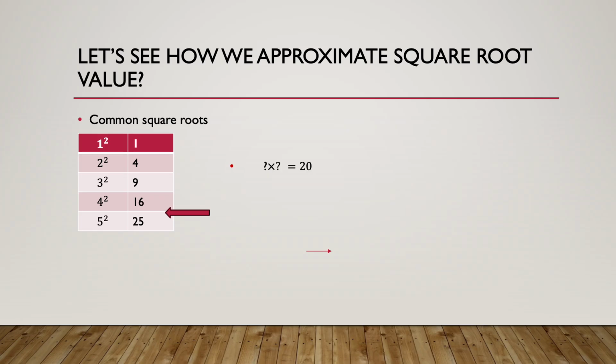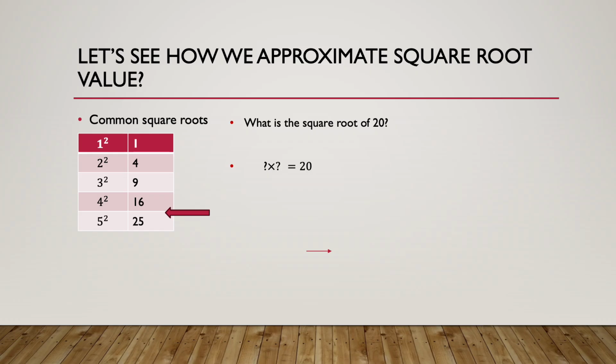You can see here 1 squared means 1 multiplied by 1 equals 1. 2 multiplied by 2 is 4. 3 multiplied by 3, 9. 4 multiplied by 4, 16. 5 multiplied by 5, 25. This is easy peasy. You don't need to worry about it. When you multiply the number, you can get the answer.